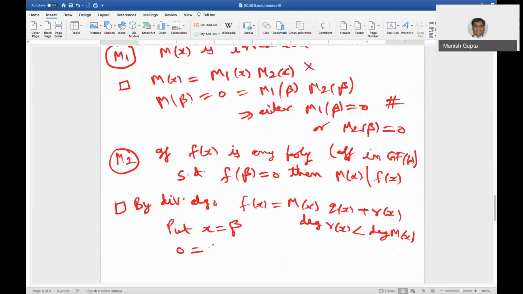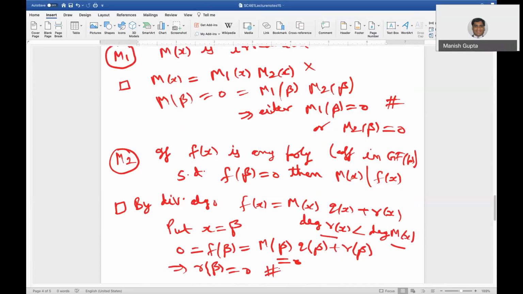So 0 is equal to f(beta) is equal to m(beta) into q(beta) plus r(beta). Since m(beta) is 0, this implies that r(beta) is 0. So r(beta) is 0 means beta is a root of a polynomial of degree less than the degree of m(x), which is a contradiction, right? So then r(x) must be 0, right?